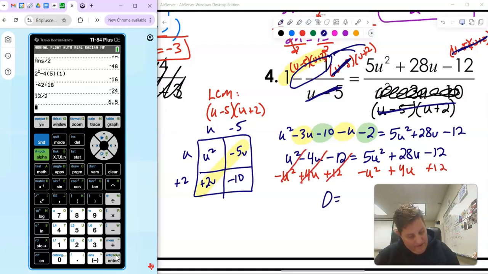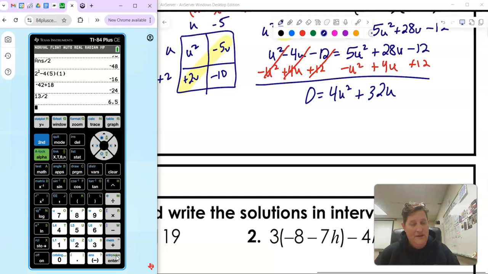So I get 4u squared plus 32u, and the 12's cancel out, plus 0. That becomes something a lot easier to factor because it's just a GCF: 4u and u plus 8 is 0.